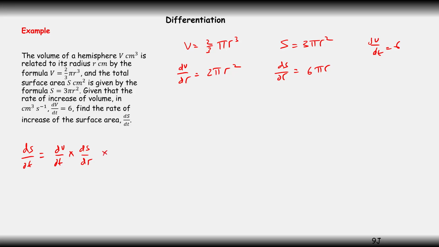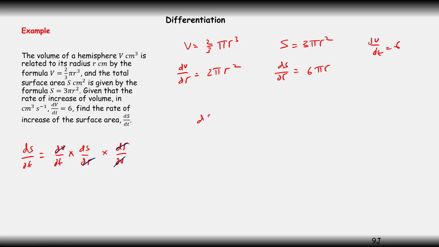So if I multiply this by dr over dV, and that means if I cancel my dV and I cancel my dr, I'm left with dS over dt, which is what I'm trying to find. So that's going to work for me.